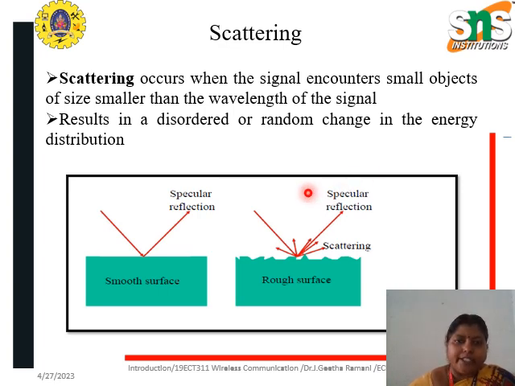Due to this, a disordered or random change in the energy distribution occurs. See here, when it hits a smooth surface, there is a reflection. When it hits a rough surface, then it will be scattered.